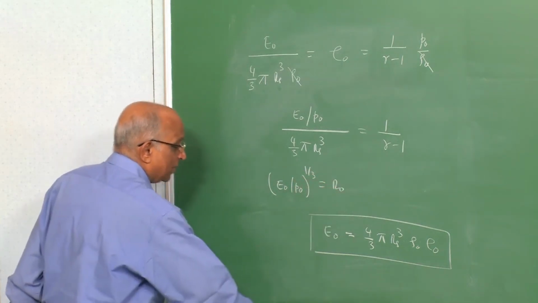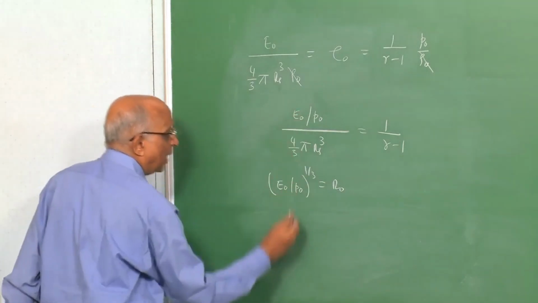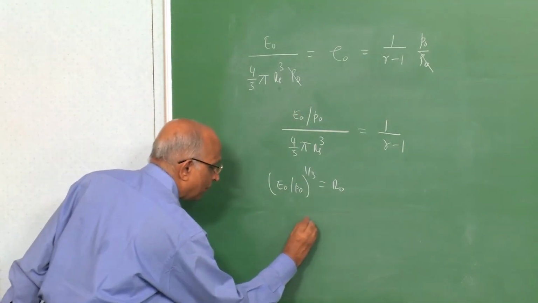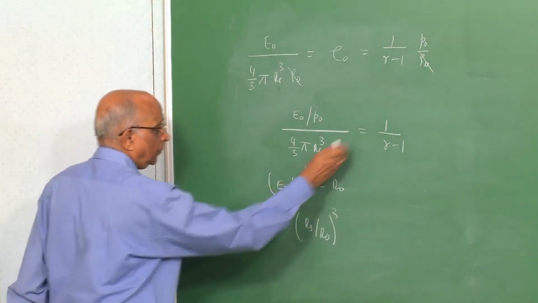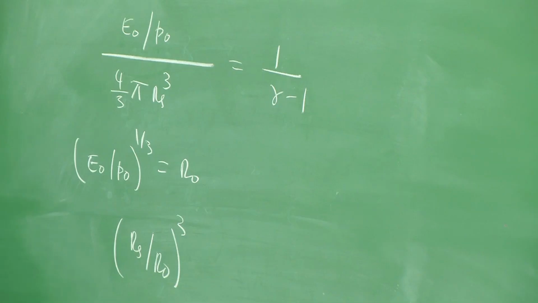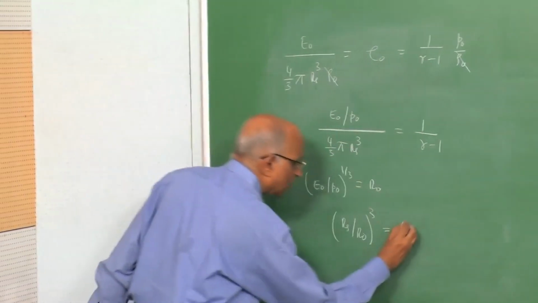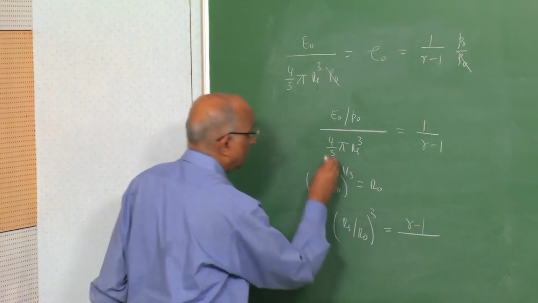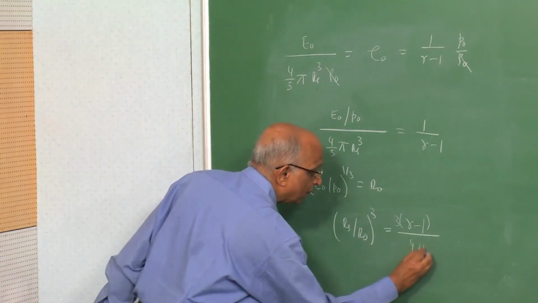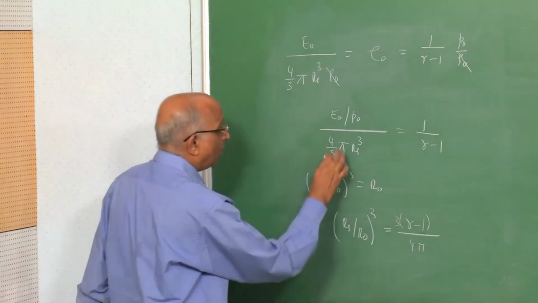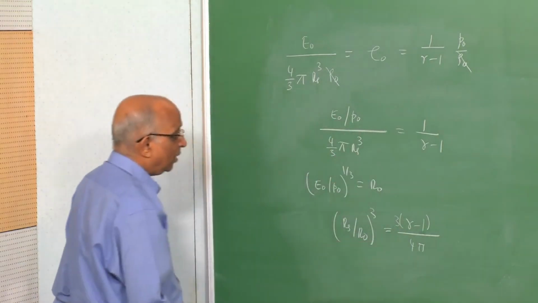Simplifying, I get Rs by R naught cubed equal to 3 into gamma minus 1 divided by 4 pi.